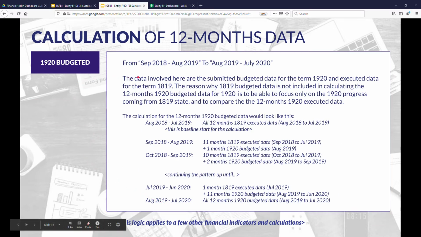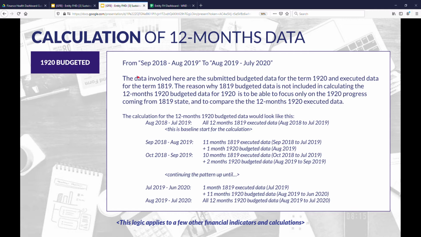Now, 1920 budgeted. The thing with 1920 budgeted is that it is not the same application as 1920 executed, where you check the budgeted data from last term and this term. No, it's going to be the budgeted data of this term, 1920, plus the executed data of 1819.